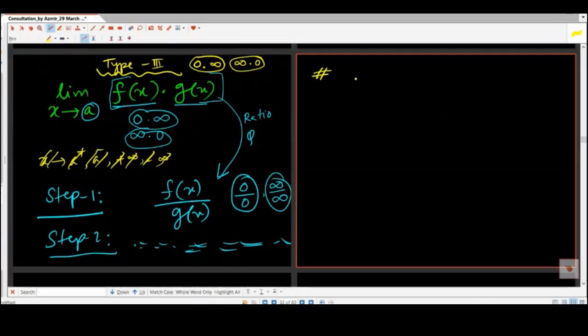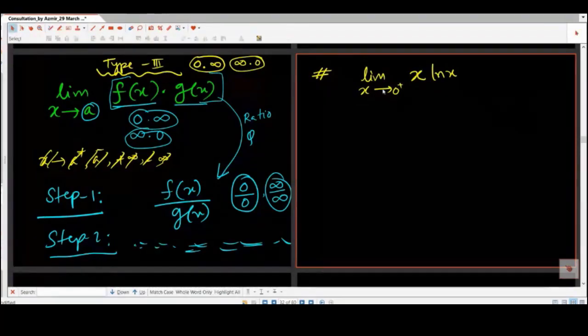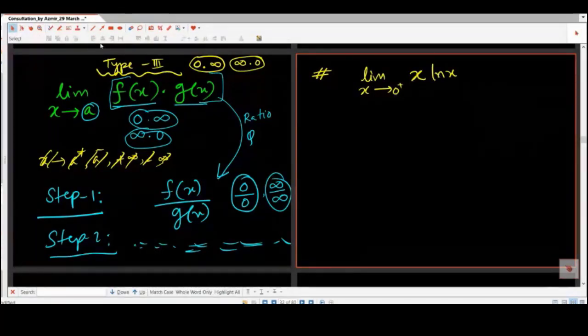So let's say we are going to evaluate the limit of, let's say, x times natural log of x when x approaches to 0 plus. Limit x tends to 0 plus x times natural log of x. So we know that this plus is just a direction.